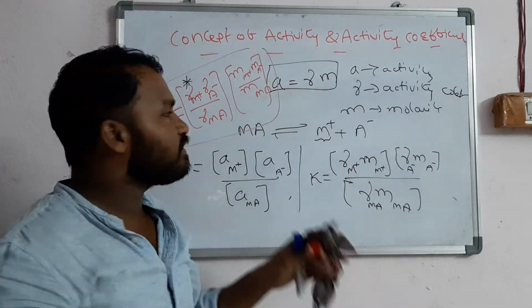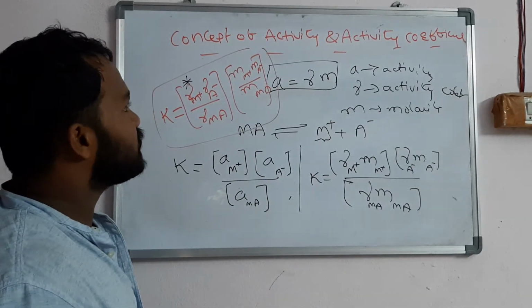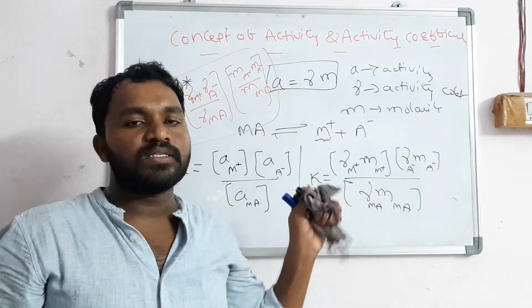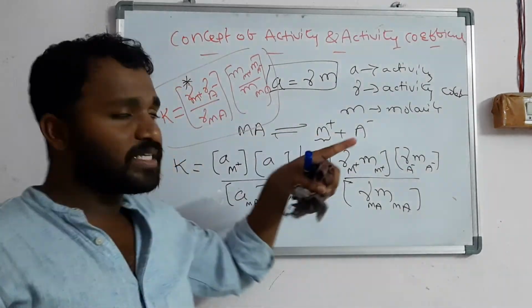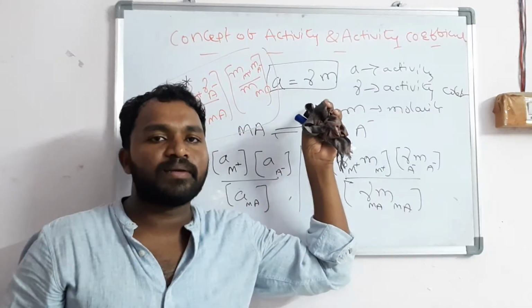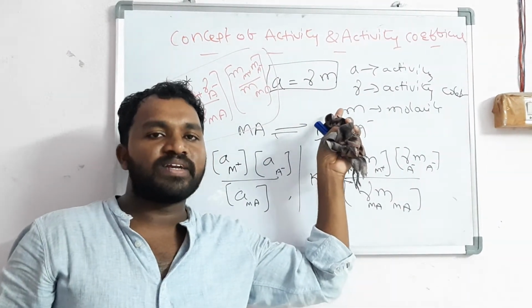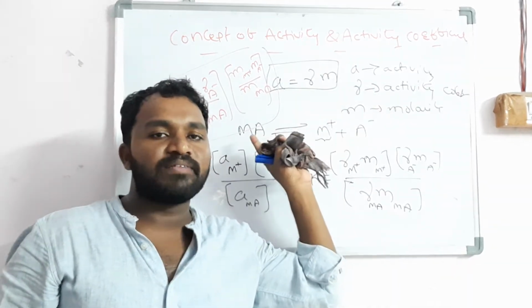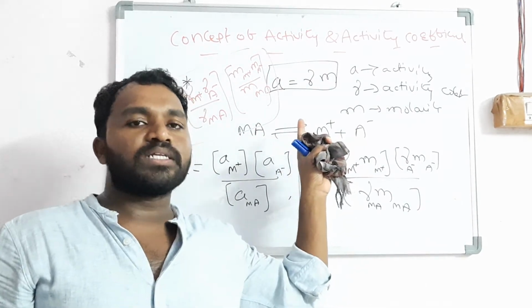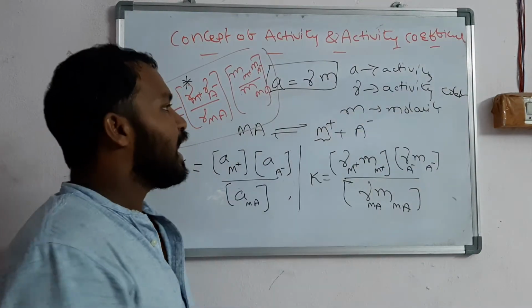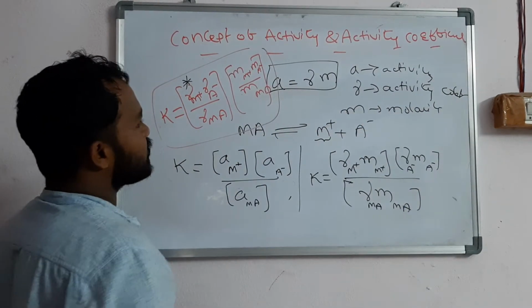Whenever they ask about the concept of activity and activity coefficient in the examination, you should write all this. The properties of one species of ions are affected by the other ions which interact electrostatically at infinite dilution. Next, activity is related to concentration in terms of molarity, given by A = γm, where A is activity, γ is the activity coefficient, and m is the molarity.